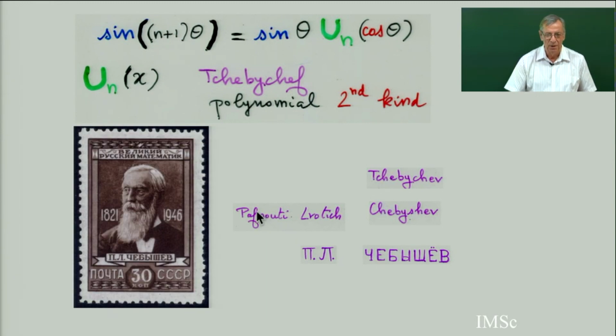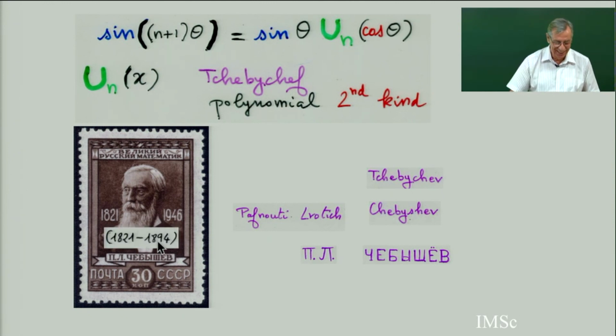If you look at this stamp, maybe you think that this man was very, very old, from 1821 to 1946. In fact, he was born in 1821 and died in 1874. So maybe this was the time for the issue of the birthday, 100 years and something for Chebyshev. Well, I will let you make the computation.